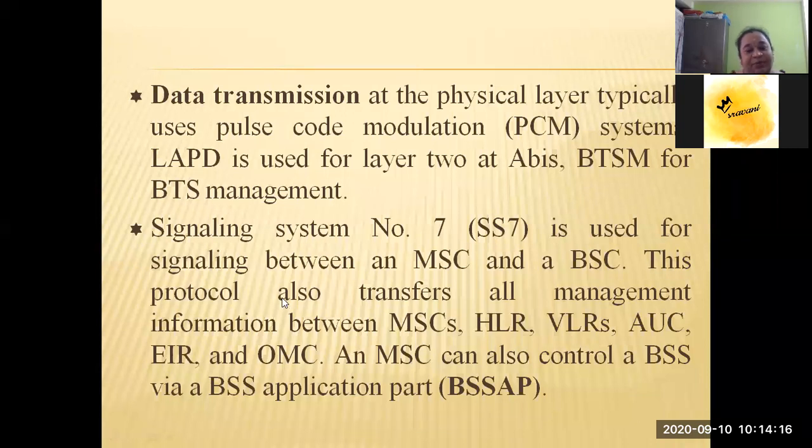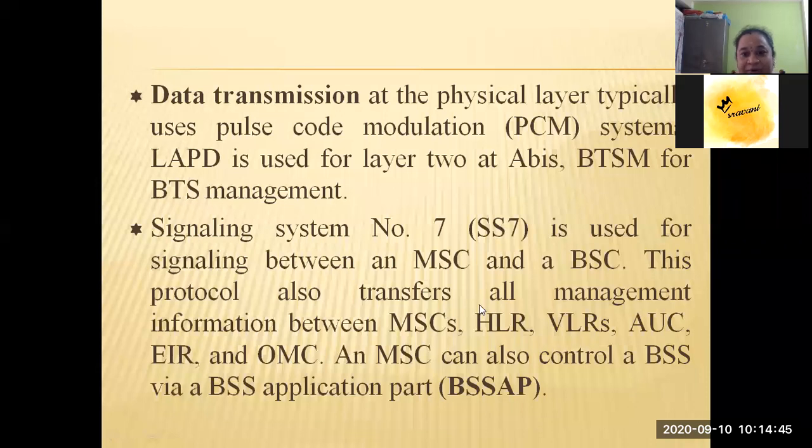The mobile switching center in turn transfers the data received from the BSC to the home location register, visitor location register, authentication center, equipment identity register, and the operation and maintenance center. The MSC is controlled via a part called BSS APP, the base station subsystem application protocol.